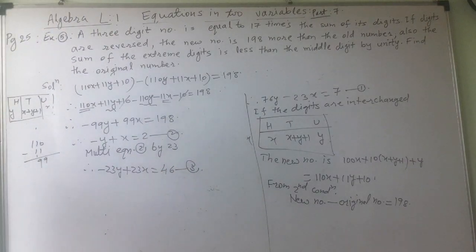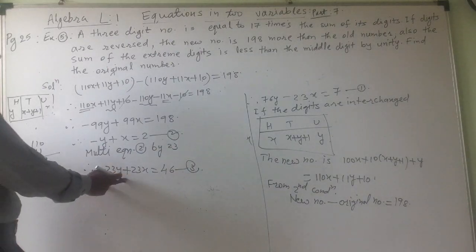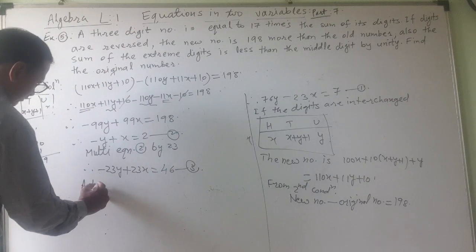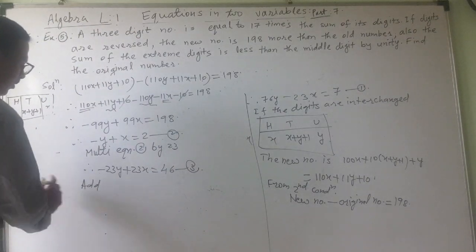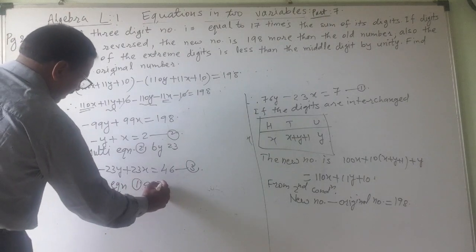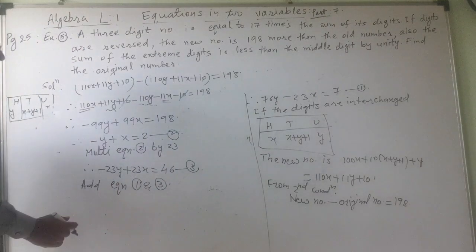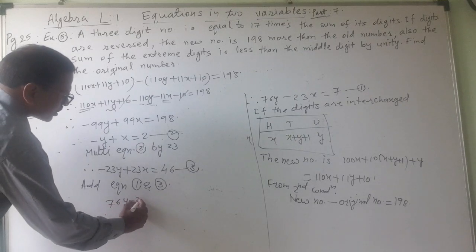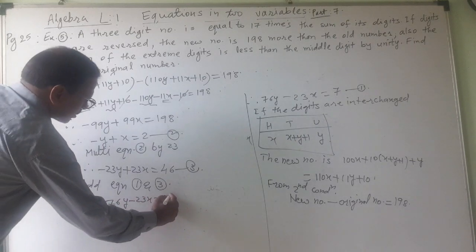Now check this 1 and 2. This is plus, this is minus. So add equation 1 and equation 3. Equation 1 is 76y minus 23x is equal to 7.